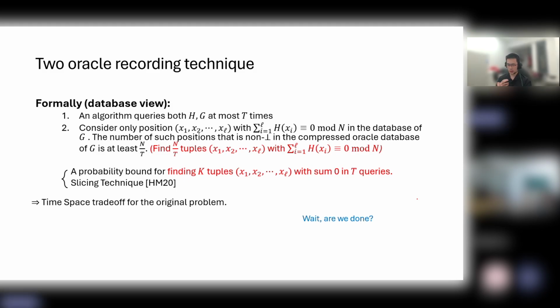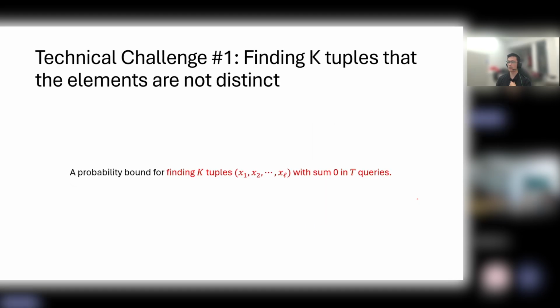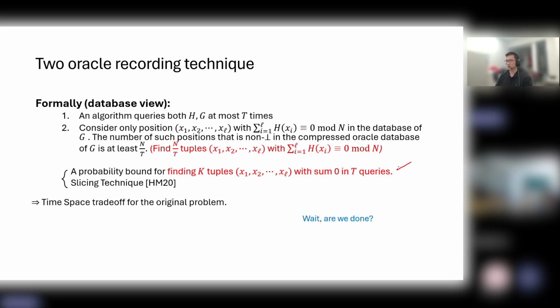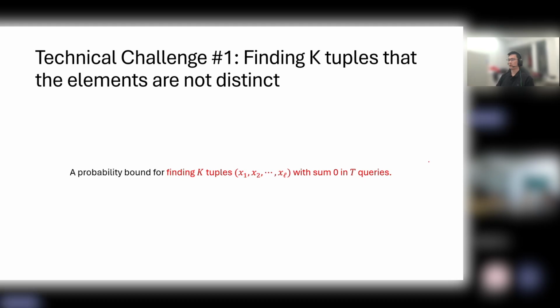Actually, there are some really subtle things here. I mentioned several hardness in this proof. The first technical challenge is this problem. Let's say that you want to get a probability bound on finding k tuples in t queries. You might notice that there is a difference between this and the k collision problem.